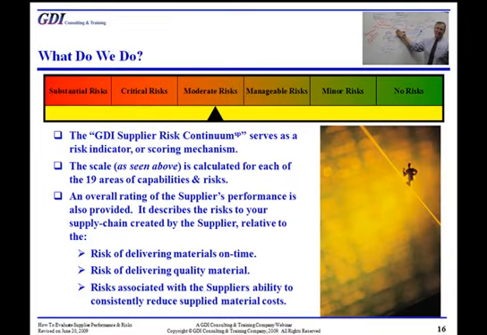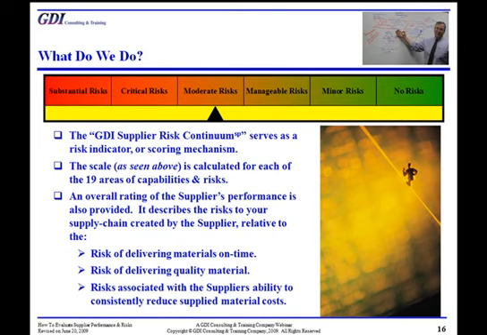So what do we do? Well, we take a look at each of those 19 categories of risks that I talked about. Let's say, for example, one of the categories of risk is their production planning and scheduling, and we look at how effective they are at that. There's probably 8 or 9 diagnostic routines that we do in order to have enough data to come to a conclusion and to draw a reasonable opinion of how risky supply, quality, and costs are relative to that production planning process that they have.